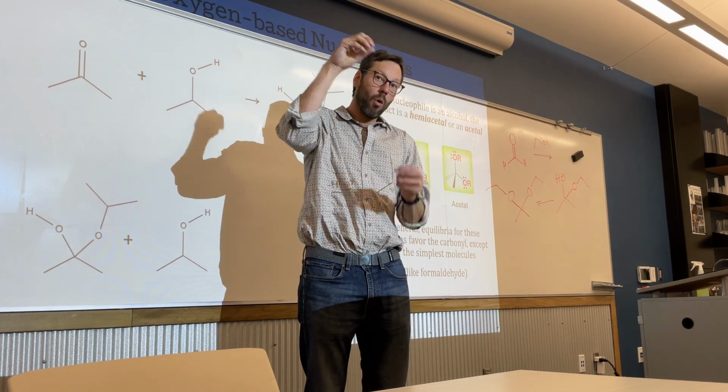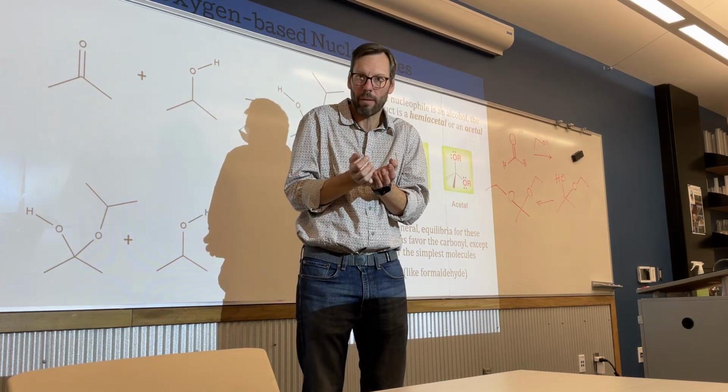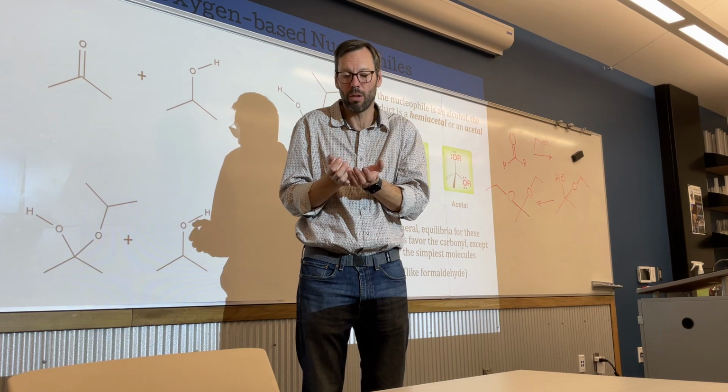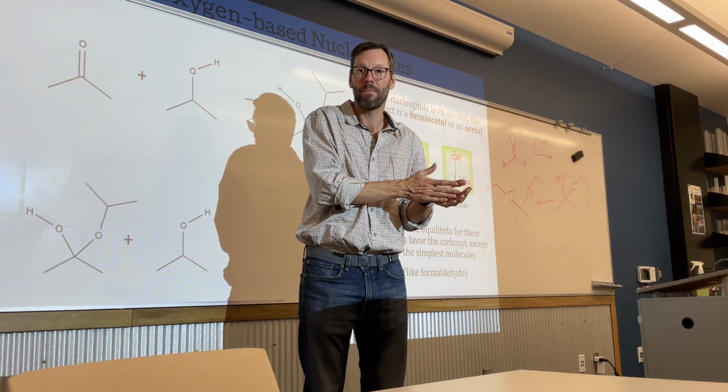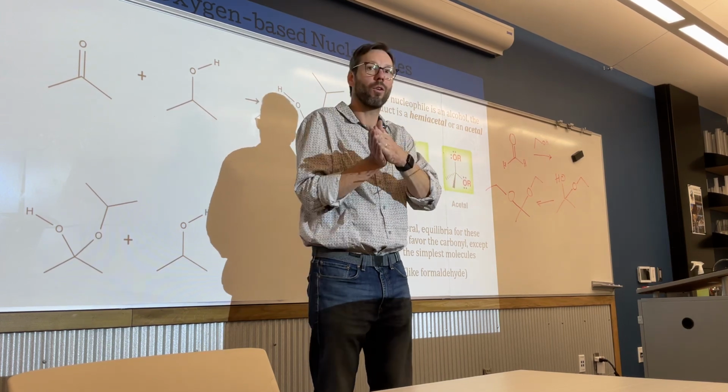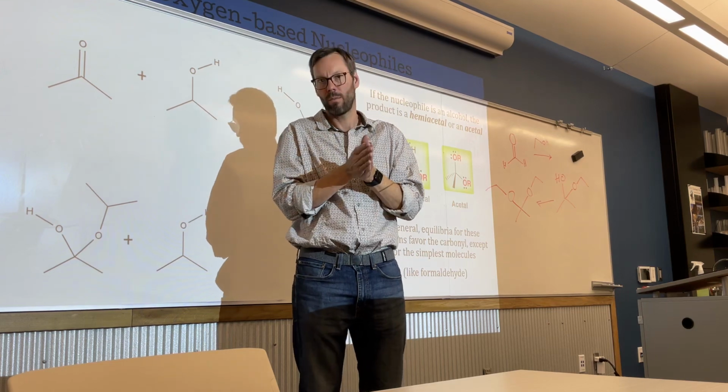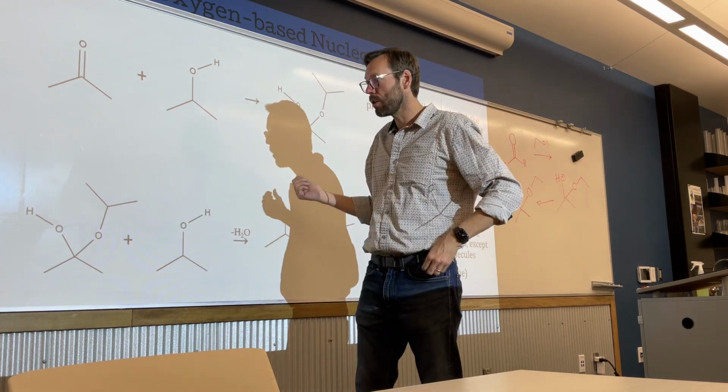Sugars can be linear, or most times they're in a ring, right? But we need to be able to utilize them to make ATP, and so being able to convert back and forth is important.